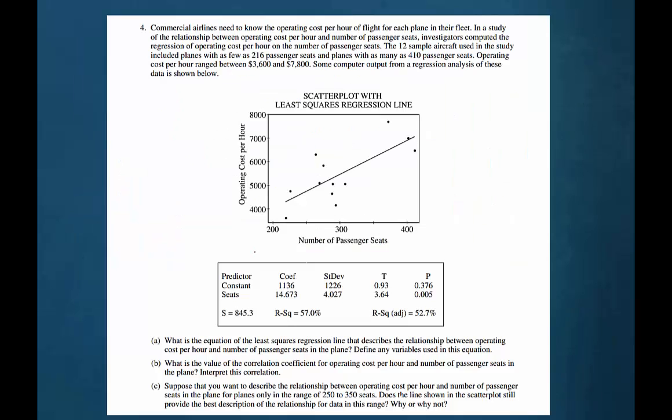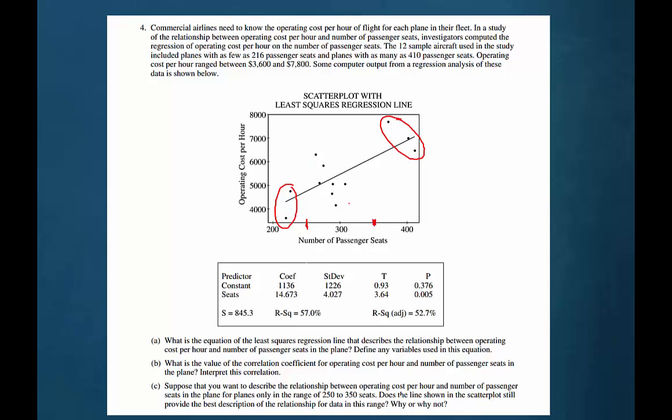So if we were to remove any points in this scatter plot that have x-coordinates of less than 250 or greater than 350, then we would be removing these 2 dots and these 3 dots. Here's 250 and here's 350.